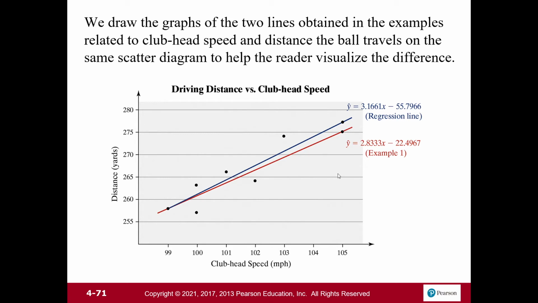So from the first example, if you just use the 2 points and you create the slope here, versus the least squares regression line, it looks like the blue line is actually more refined. It represents the data a little bit better. It fits the data a little bit better. It minimizes the number of errors, and it is going to be a better prediction for different values.